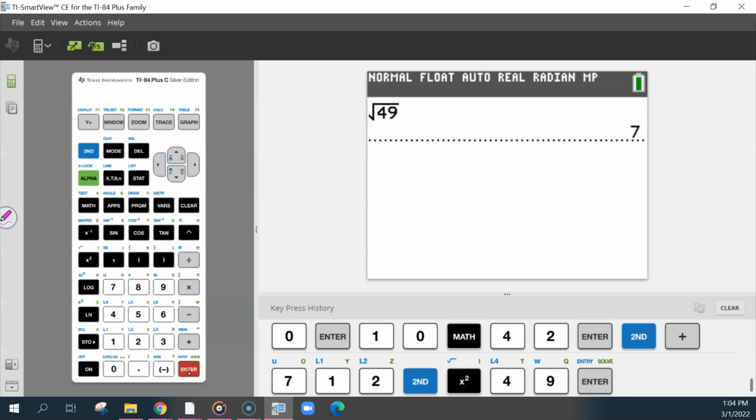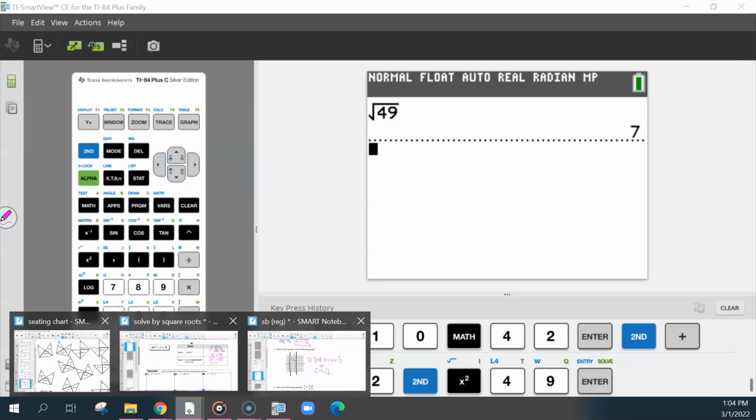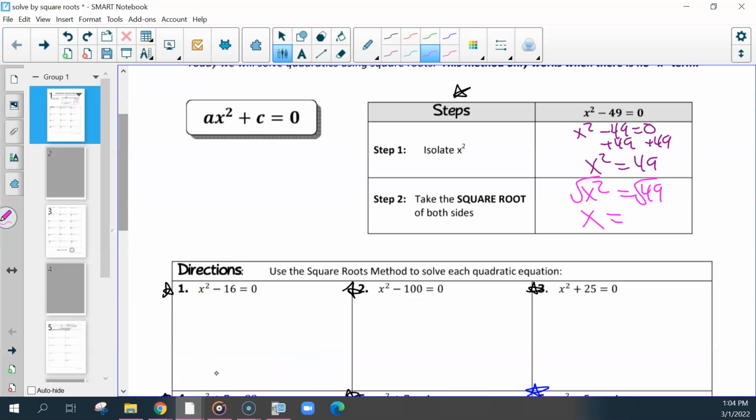However, when we write our answer, we're going to do it a little differently. Because we know that 7 times 7 gives us 49. The same can be said about negative 7. Because negative 7 times negative 7 is also positive 49. So when we write our answer, we're going to include both the positive and the negative version of this number.